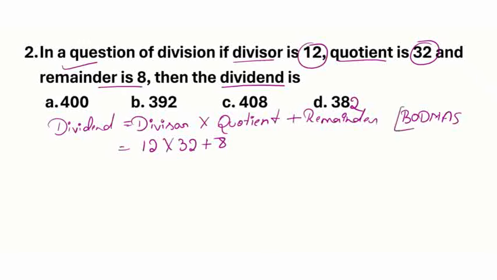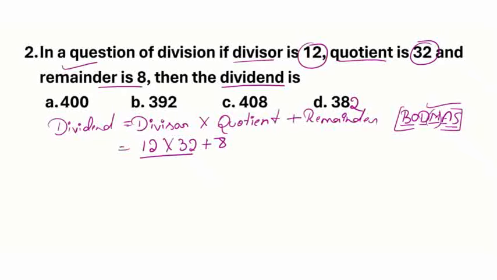Never forget this. Wherever you do mathematics, whatever the concept, always go as per the BODMAS rule. So BO means brackets open, D means division, then multiplication, followed by addition and subtraction at last. Here we have no brackets, no division. Then what is it? Here is a multiplication, means first multiply these two.